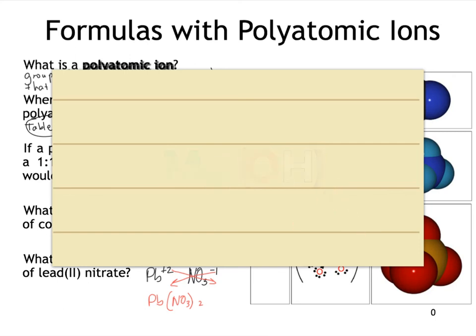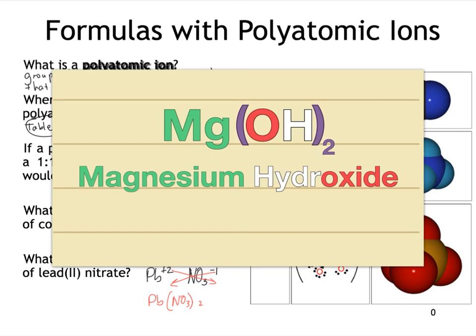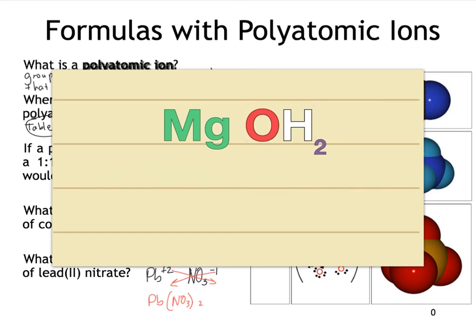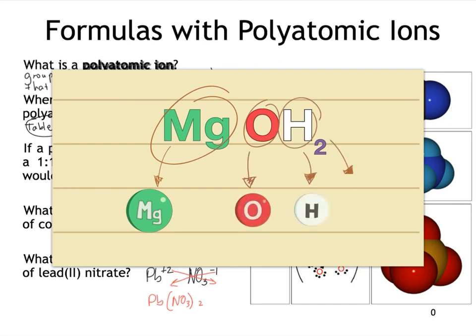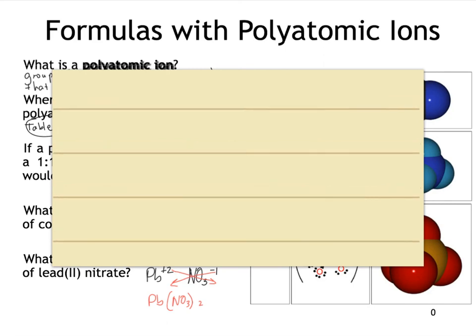So the formula is Mg(OH)2, and its name is magnesium hydroxide. Let's say we did not put the OH in brackets. We would get MgOH2. This would mean that for each magnesium ion, there is 1 oxygen atom and 2 hydrogen atoms, which is incorrect.